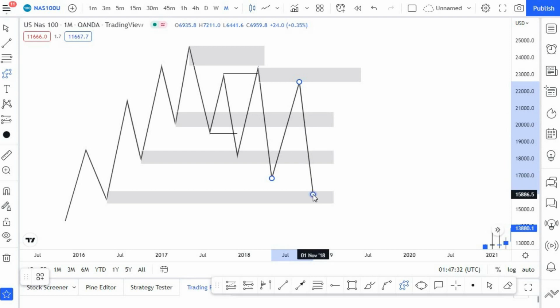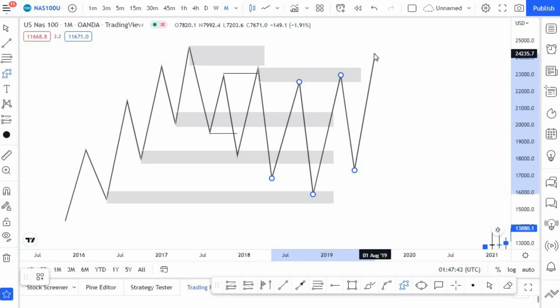To validate that this zone has held, you have to see price taking out this zone, giving you a pullback whereby you do not look for entry. And then whenever you see another break of structure, that's when you start looking for a continuation. Why?